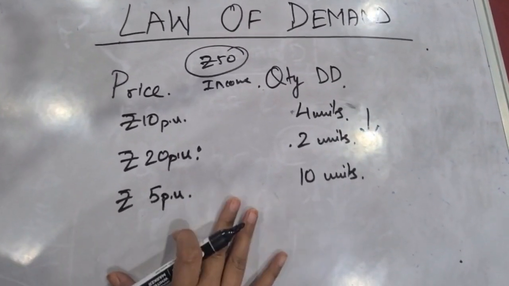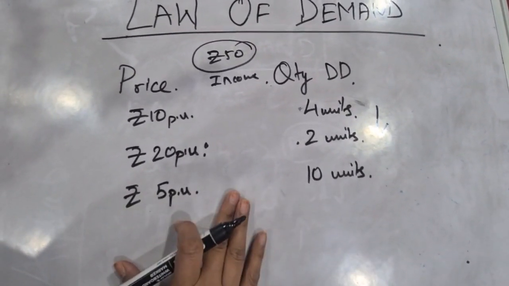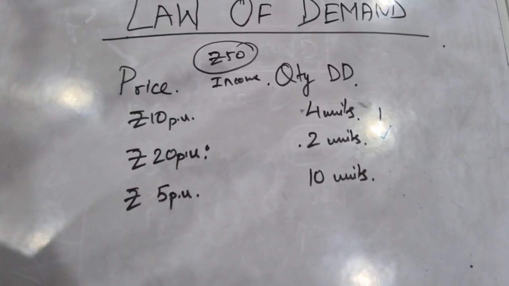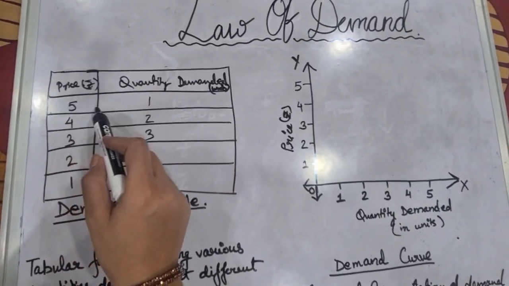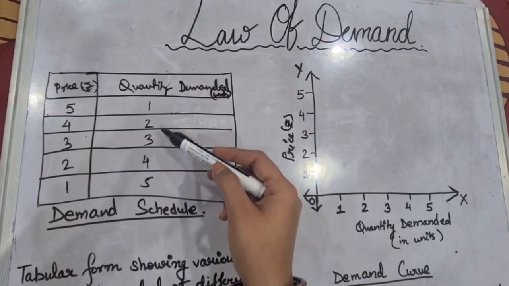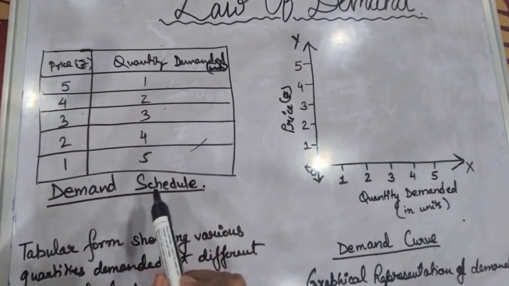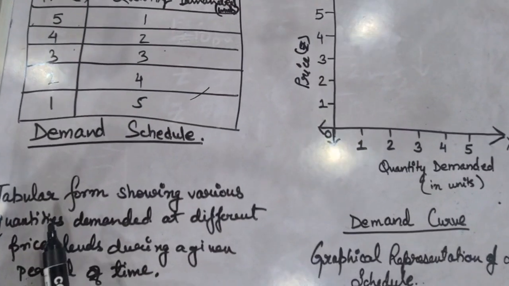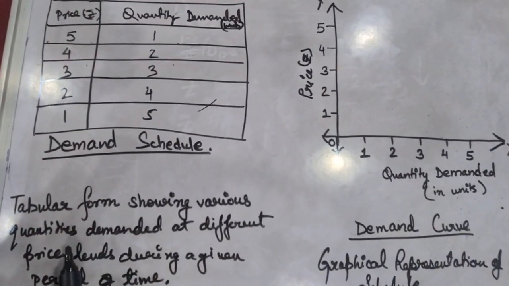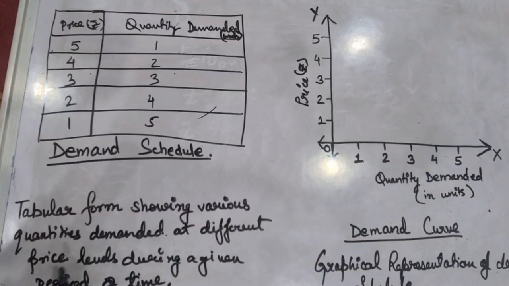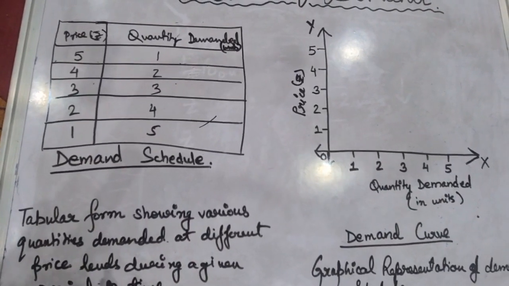Now I'll show you this in a tabular form and in a graph form. Here you can see as the price goes down, the quantity demanded increases. I have shown this in a tabular form. This is called a demand schedule. It is a tabular form showing various quantities demanded at different price levels during a given period of time.